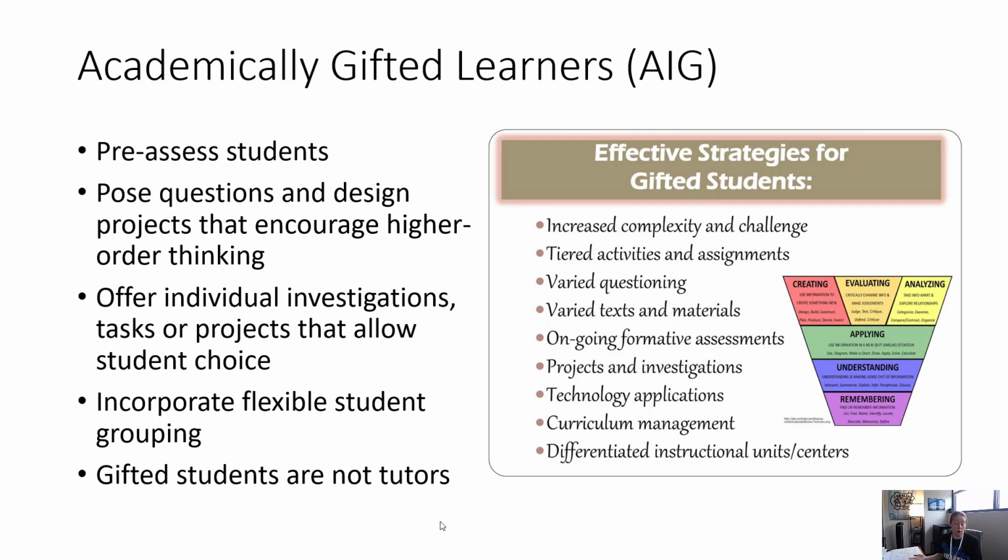Again, you want to use that with all your students, but especially with your gifted students, is challenging them to think critically. So really, making sure you're posing questions to them that are at the top of the level of Bloom's taxonomy. Involve opportunities or offer individual opportunities for projects or giving student choice. Maybe you want to group those academically gifted learners together for certain activities in the class.